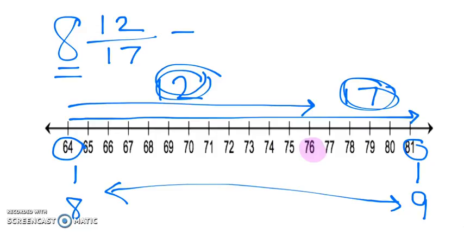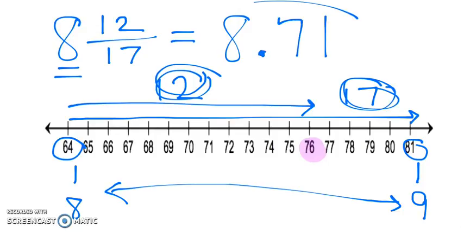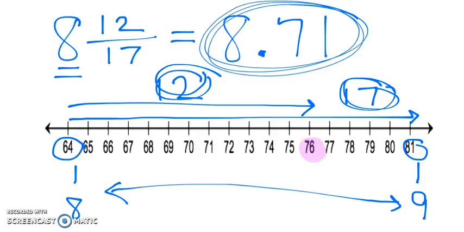Now we can change the 12/17 into a decimal to estimate the square root. 12 divided by 17, rounded to the nearest hundredth, would give us 71 hundredths. Therefore, the estimated square root of 76 would be 8 and 71 hundredths.